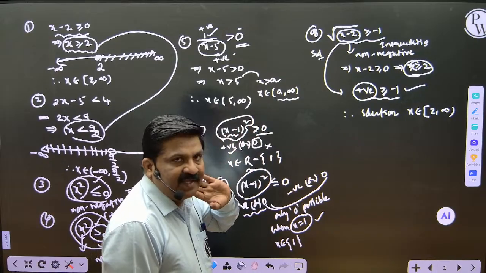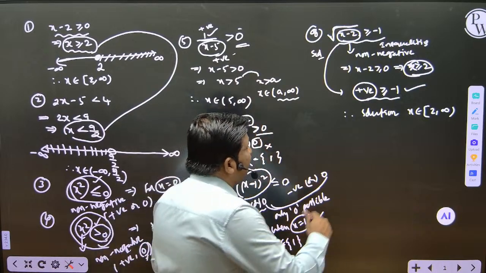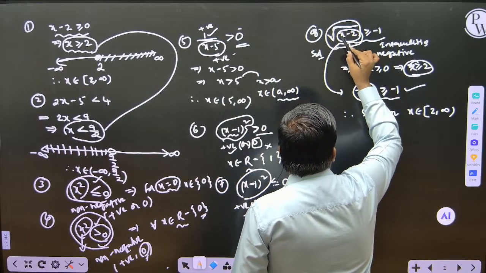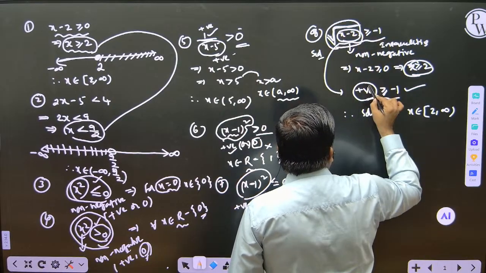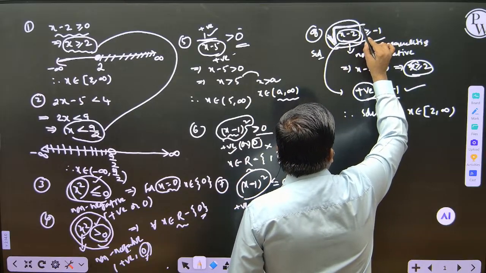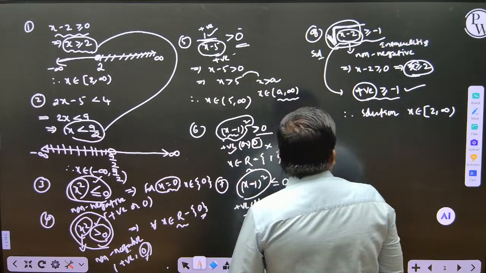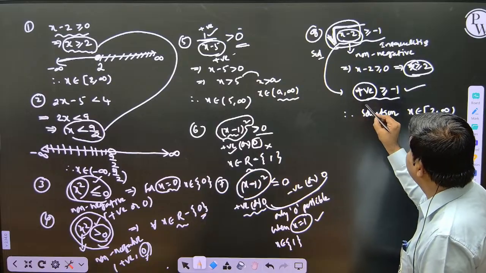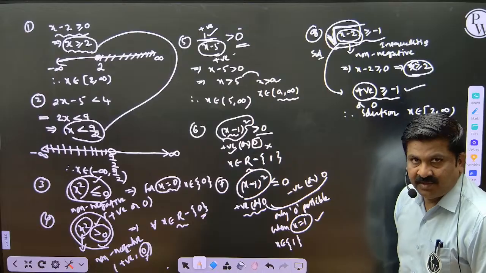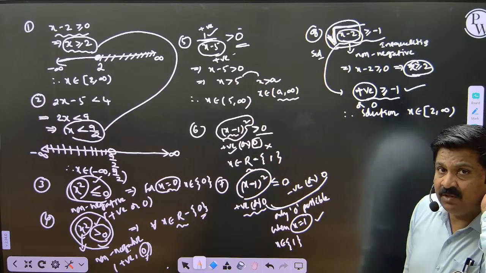The square root value has no possibility of being negative, so it is always positive or 0.